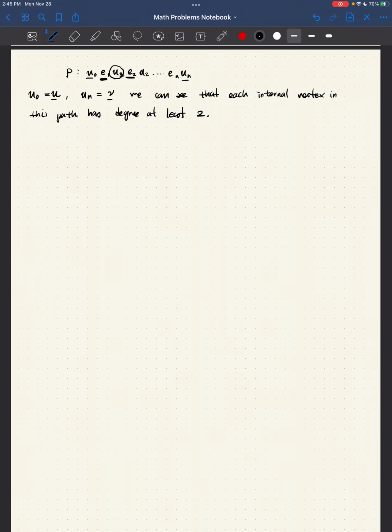Well, what is it we get from here? Well, then, for each i in the range from 1 up to n minus 1, we have that ui is different from w. And why is that? Well, because their degrees do not match, right?